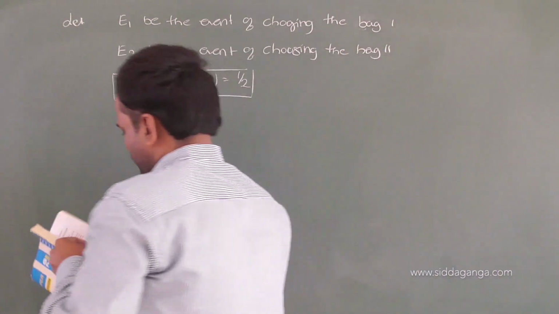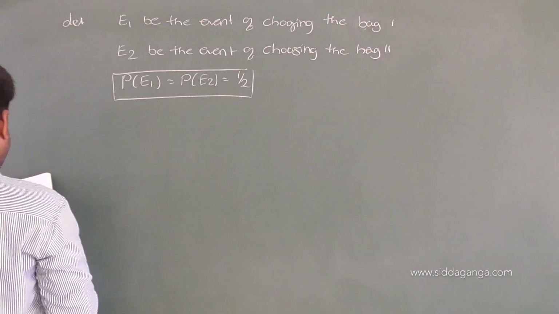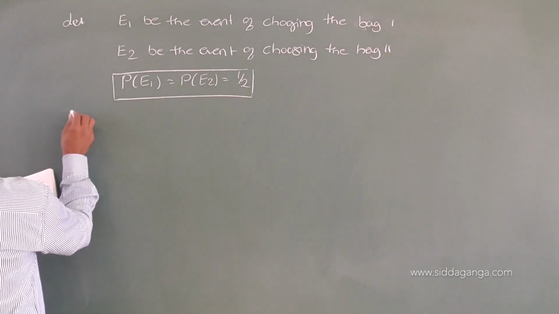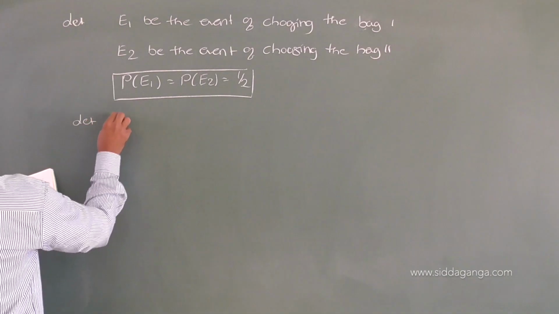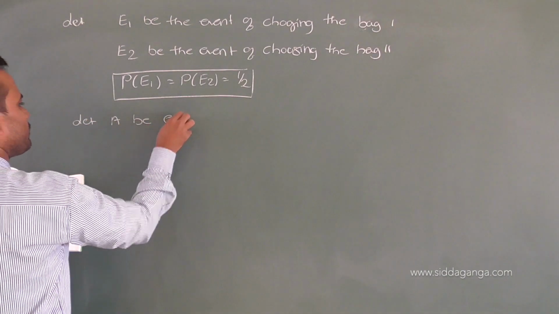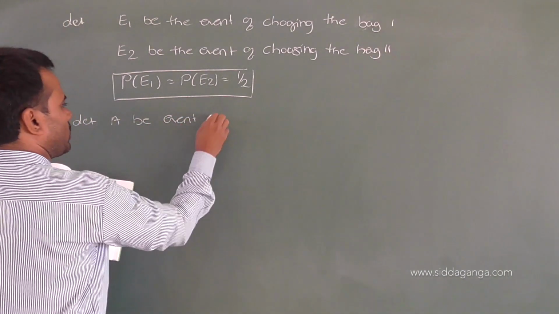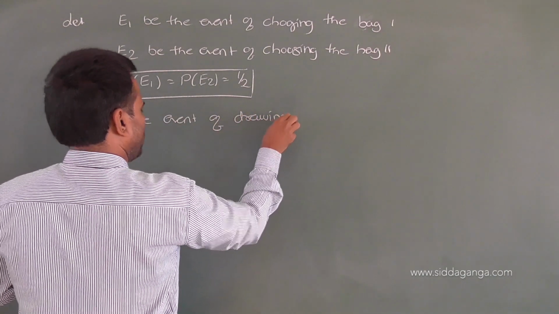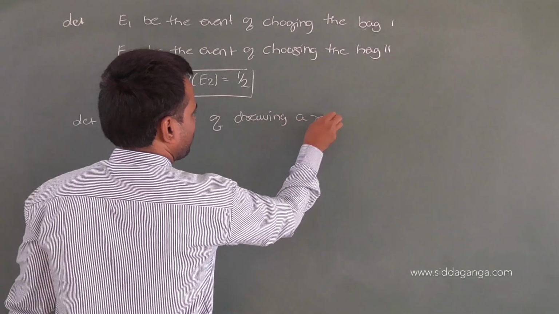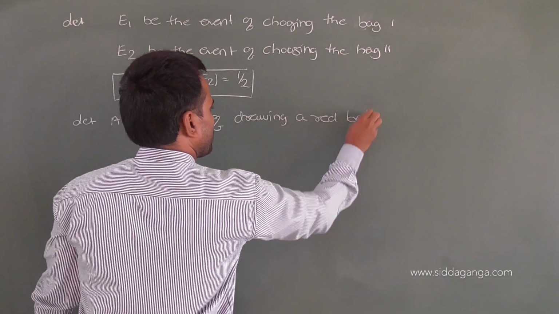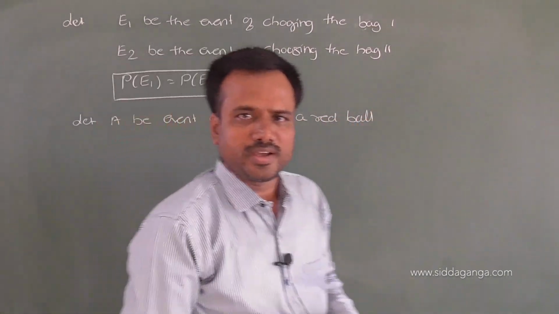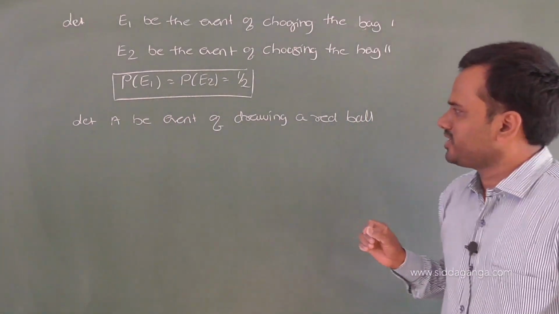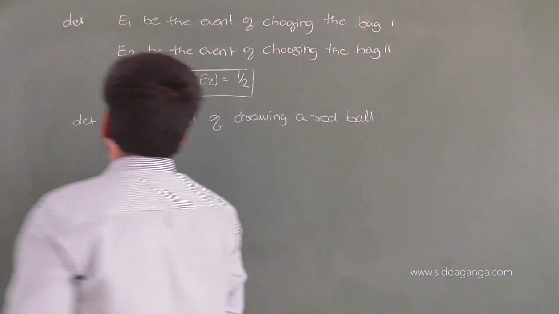Then we write the event. Let A be the event of drawing a red ball.